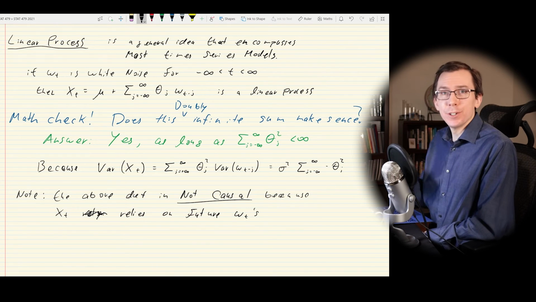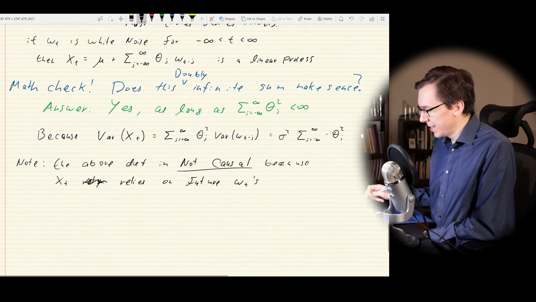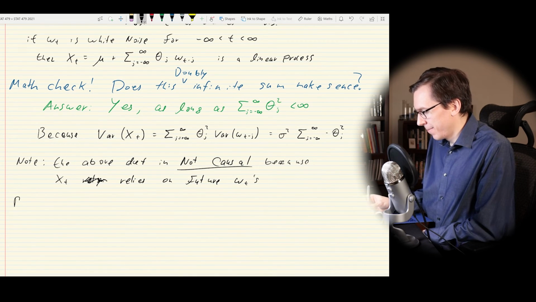So what we often do is restrict the definition to get a causal linear process.